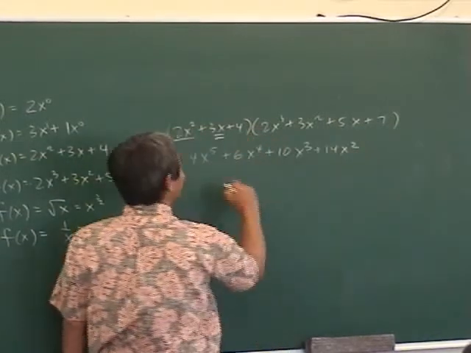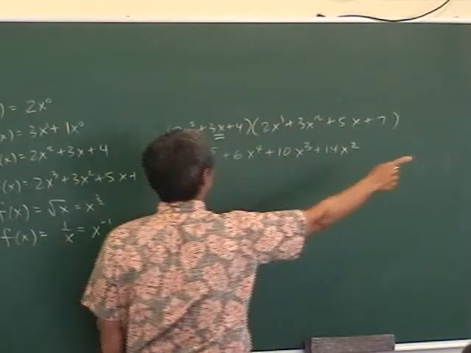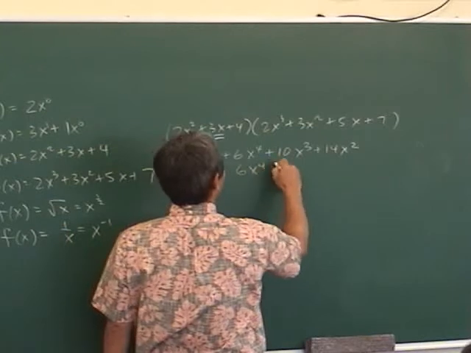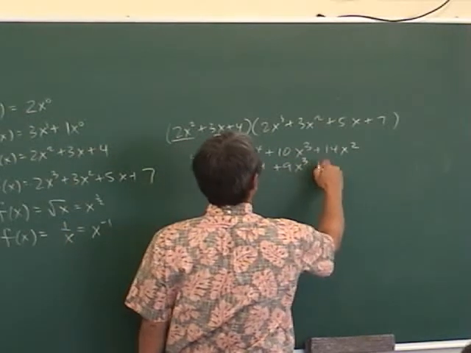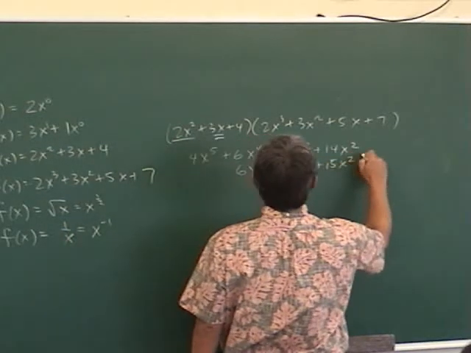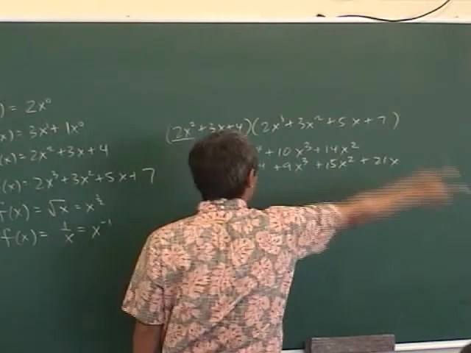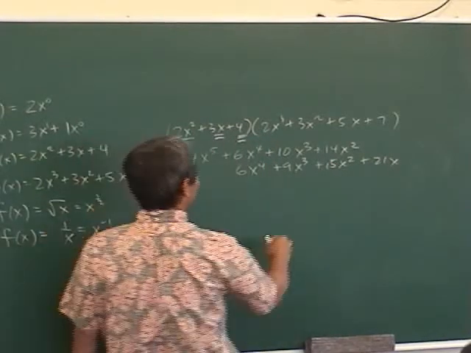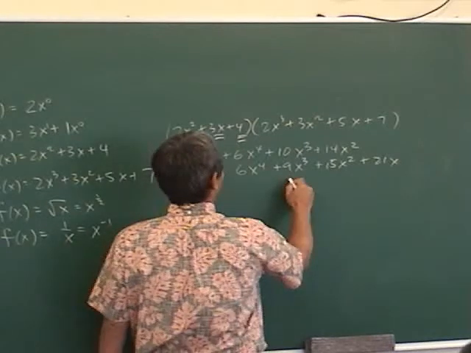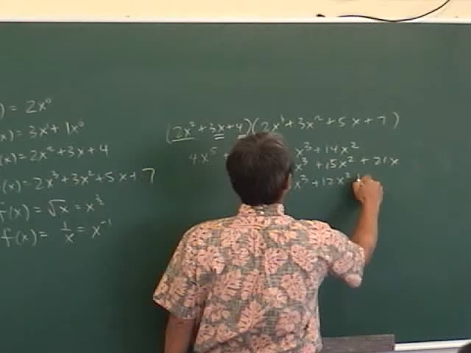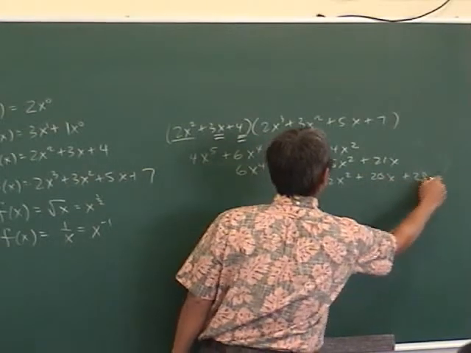Then you take the second term, distribute it. 6x to the 4th plus 9x cubed plus 15x squared plus 21x. Then you take the third term and you distribute it. 8x cubed plus 12x squared plus 20x plus 28.